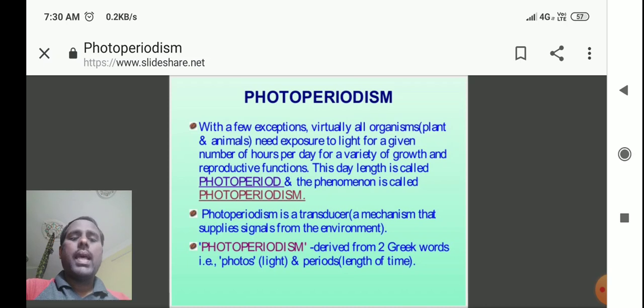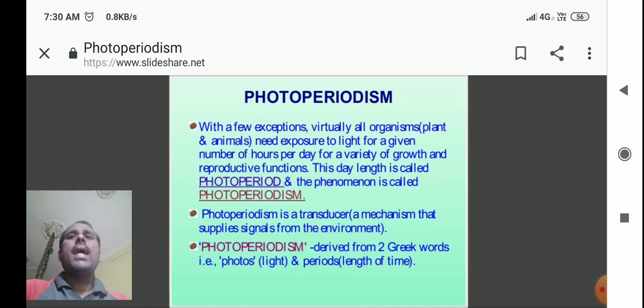Photo means light, period means length. So the relative length of day and night is known as photoperiodism.